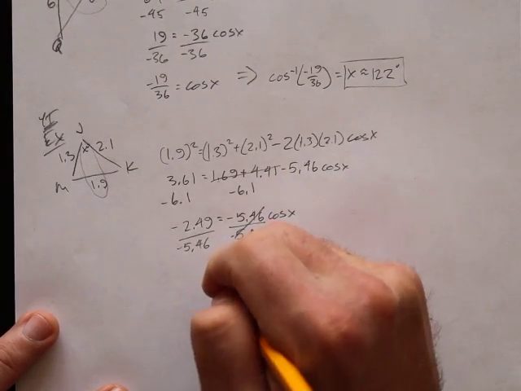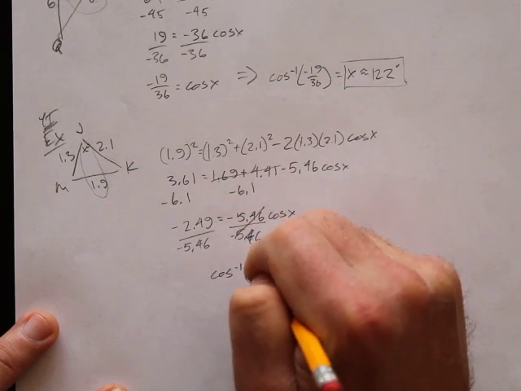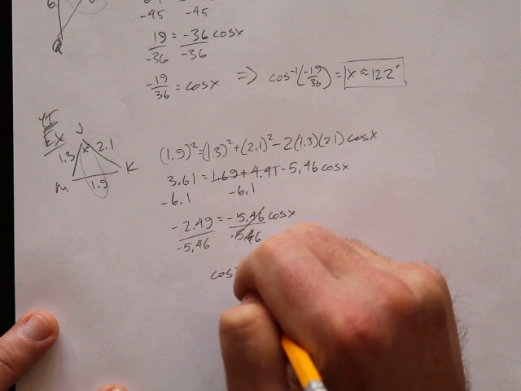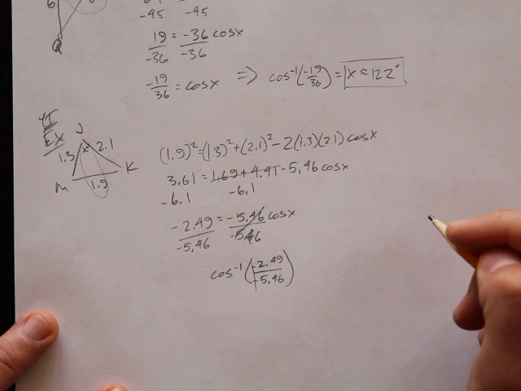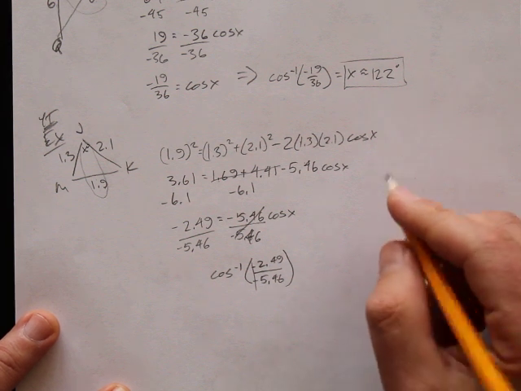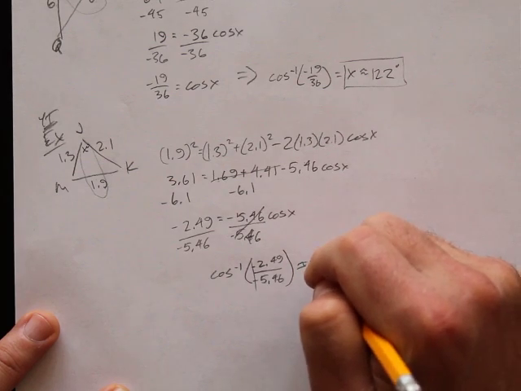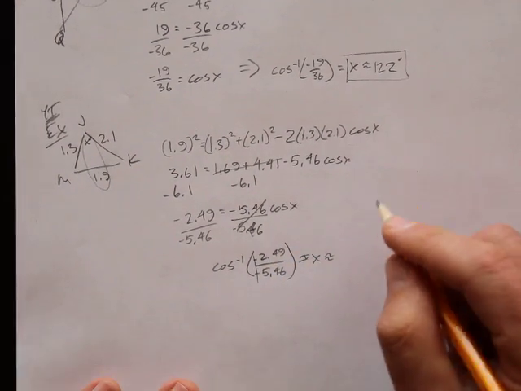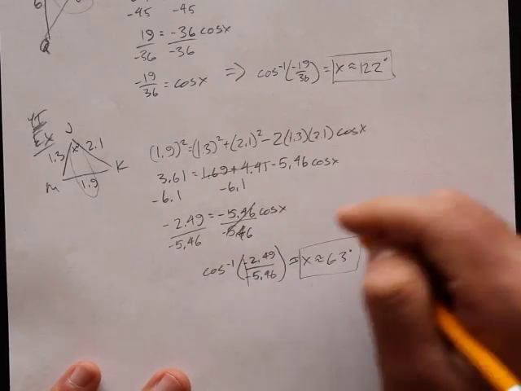And now I need to do the inverse cosine of negative 2.49 over negative 5.46. But do I need to put those negatives in? No way. Negative over negative is a positive. Equals x. And so x, if I plug all that into my calculator, I get x is approximately 63 degrees.